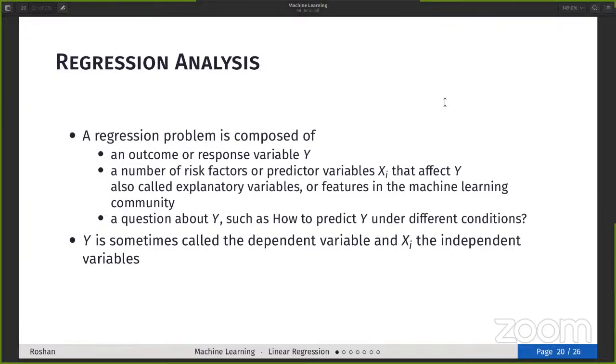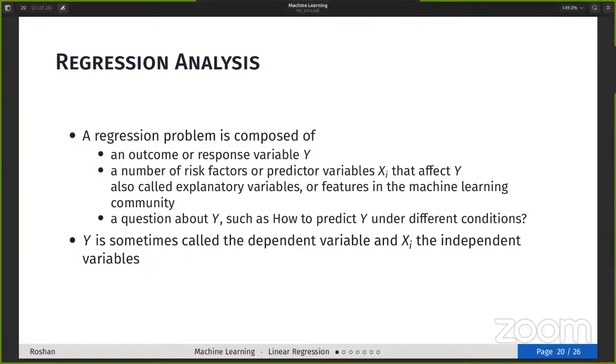The independent variables should have some relation to the output. You can't take random independent variables, put them into your model, and say they have a relation with the output variable. It should be specific to your domain. And yeah, this is a good example.